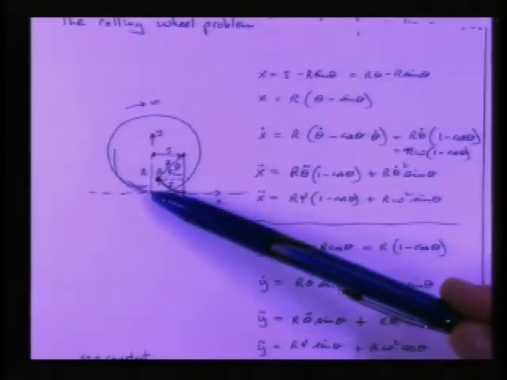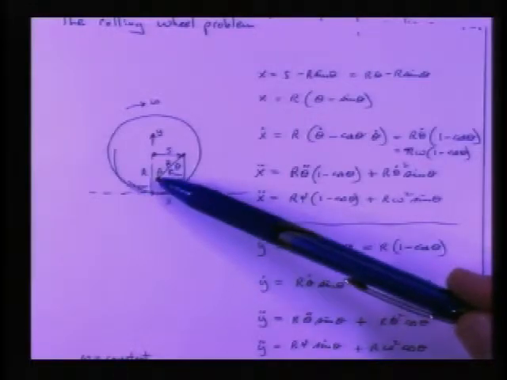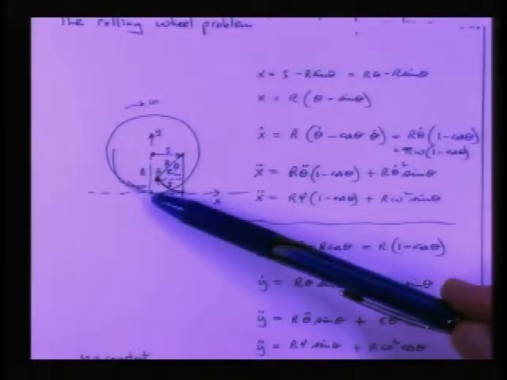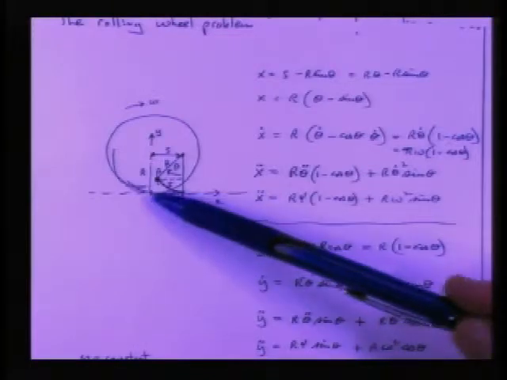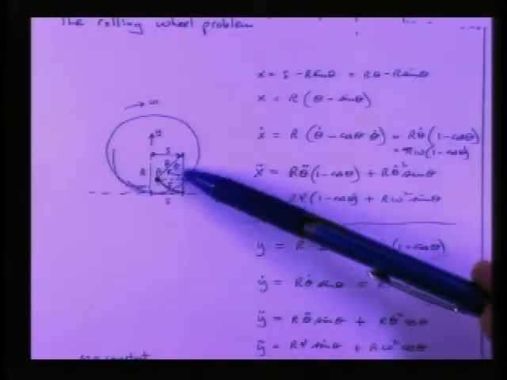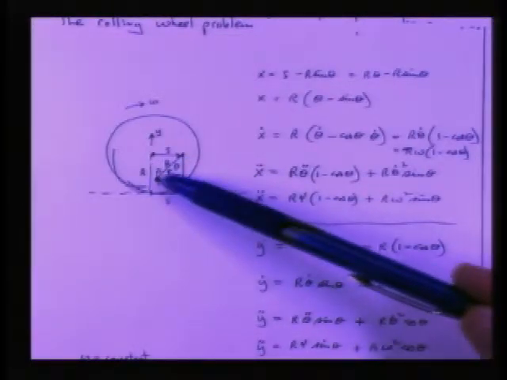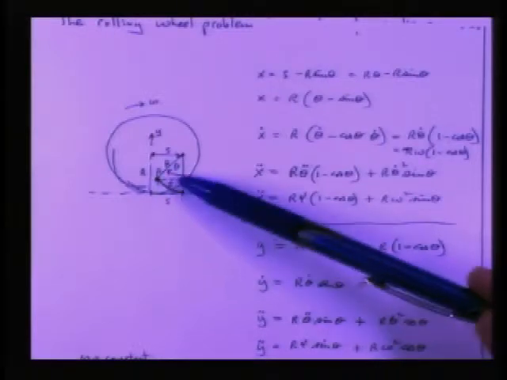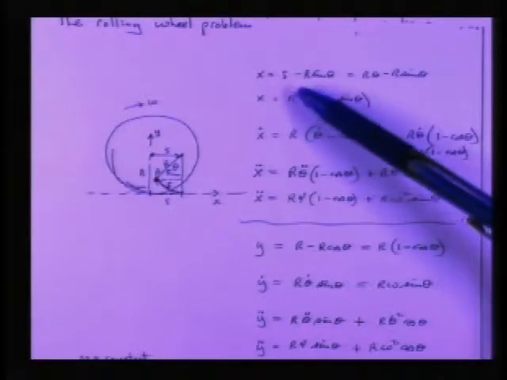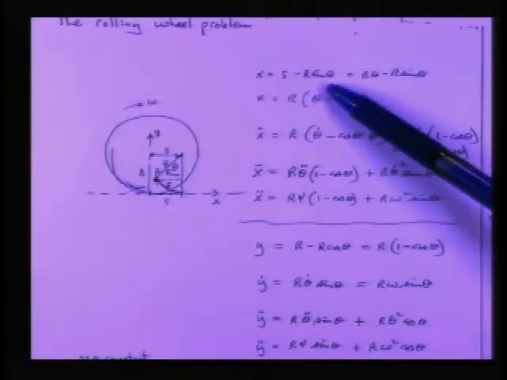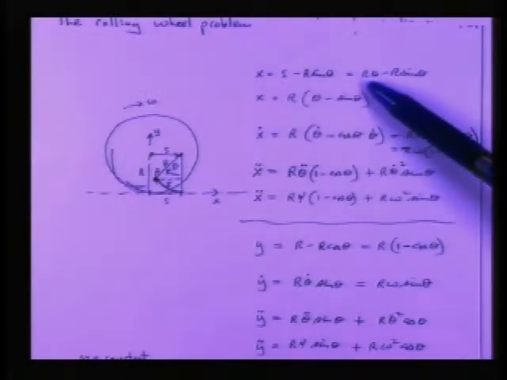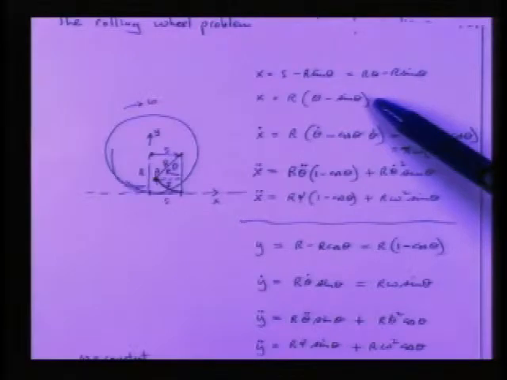And so, as I said last class session, the x distance to get to point P from here is S, which gets you over here, and then you're going to back up r times the sine of theta. So that's where we get this expression, S minus r sine theta, but S is r theta, and then we clean that up and factor it, and here it is.